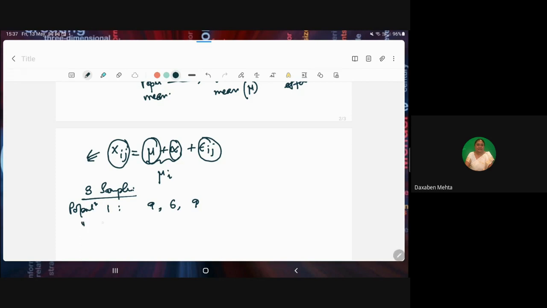From the second population the values are 0 and 2, and from the third population the values are 3, 1, 2. What is the overall mean? We calculate 9 plus 6 plus 9 plus 0 plus 2 plus 3 plus 1 plus 2, divided by 8, and you get 4. So this is the overall mean.